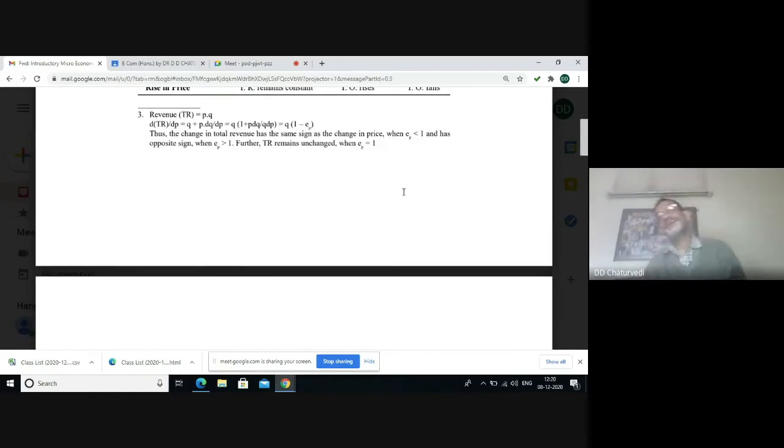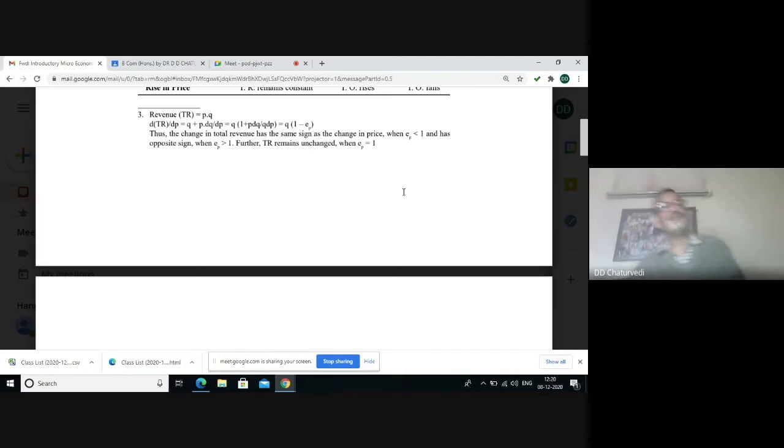We can understand this relationship mathematically also. Students can see that total revenue is given by P into Q, that is price multiplied by quantity. Now we take the derivative by differentiating both the sides with respect to price, because in the case of elasticity of demand, we change the price of the commodity.